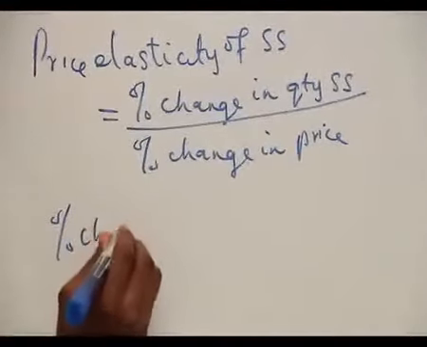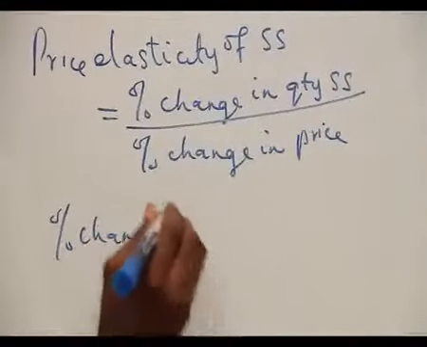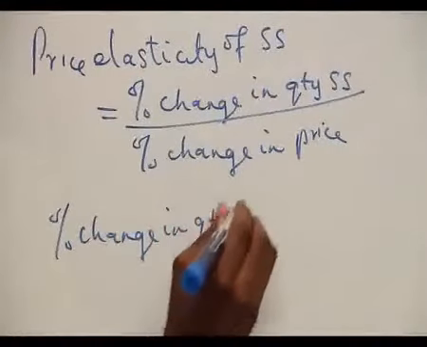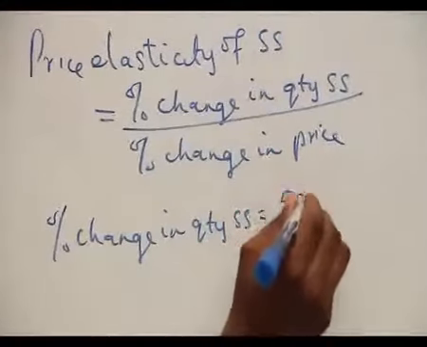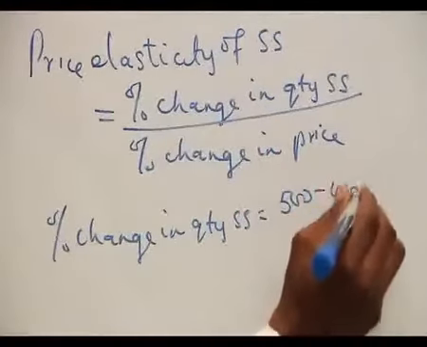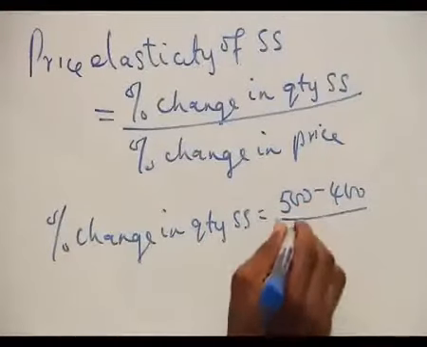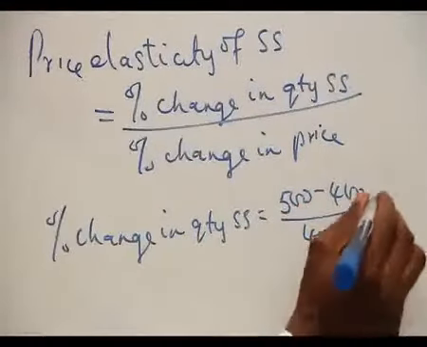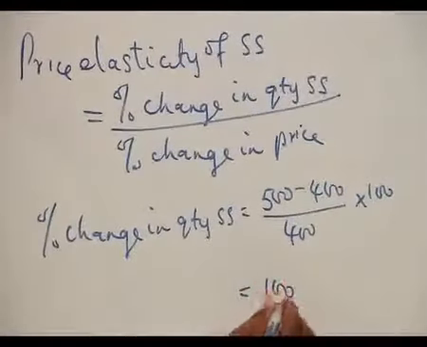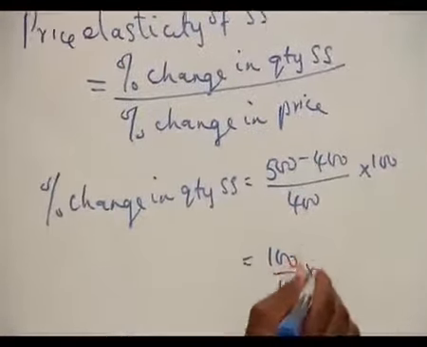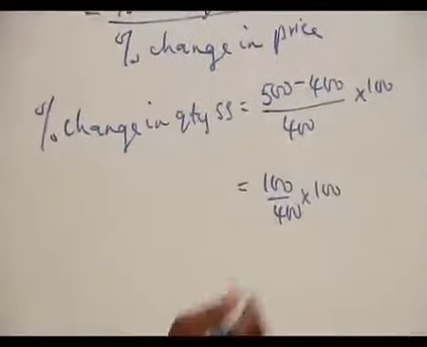Percentage change in quantity supplied equals 500 minus 400 divided by 400 times 100. There we have 100 over 400 times 100.